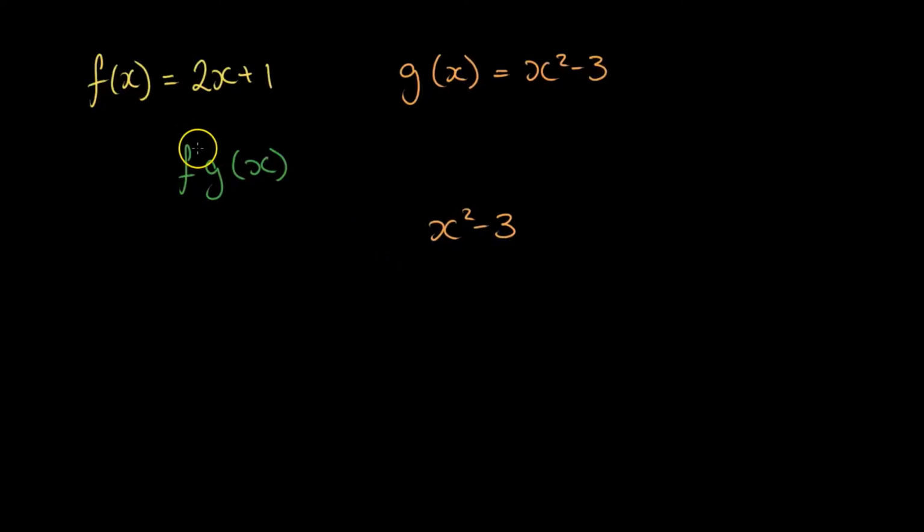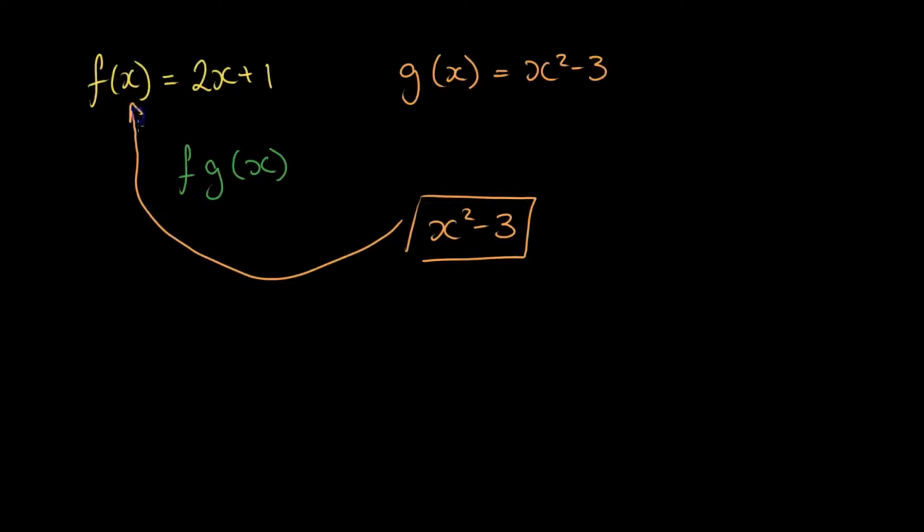And now I'm going to apply the f function to g of x. And as this is g of x, this is what's going to go into my brackets. This term here is what is going to go into my brackets of the f function.